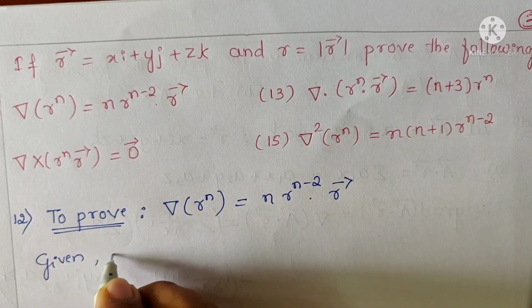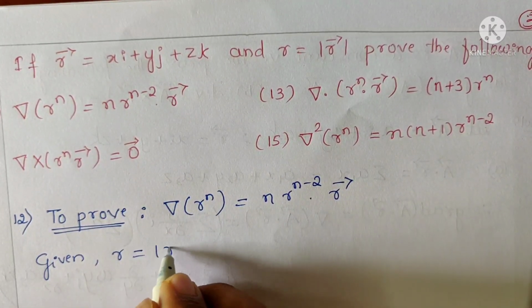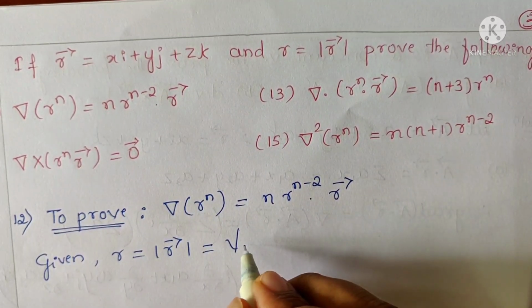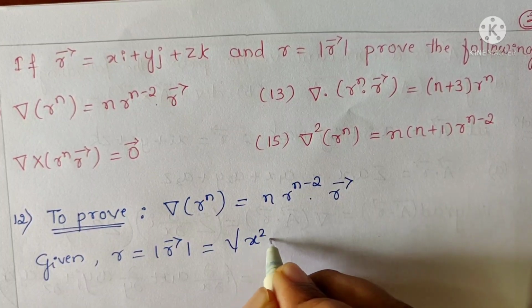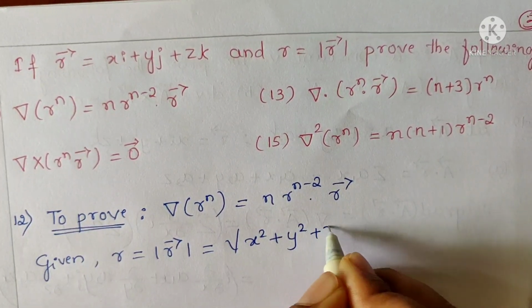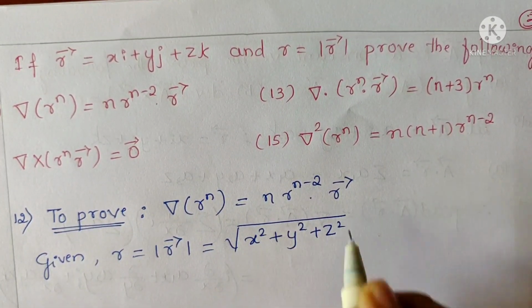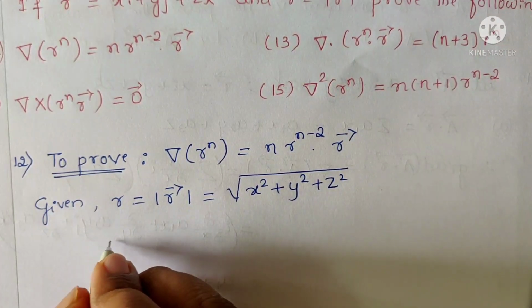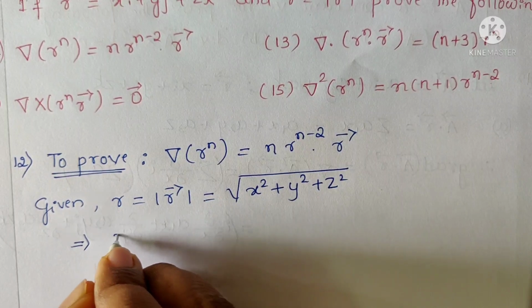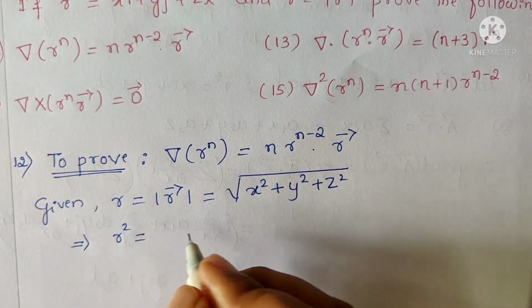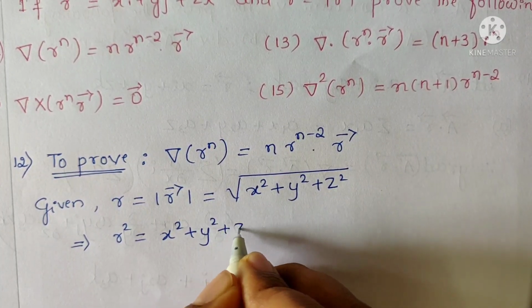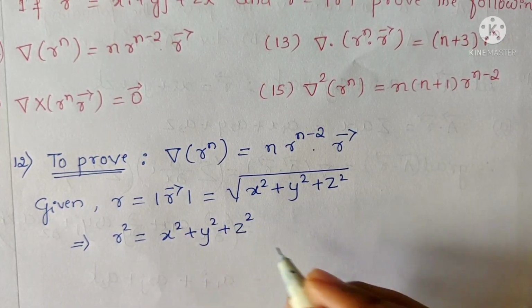Given r is equal to magnitude of vector r, that is r is the magnitude of xi plus yj plus zk. So it will be square root of x square plus y square plus z square. What it means? So we use this given, then r square will be x square plus y square plus z square.